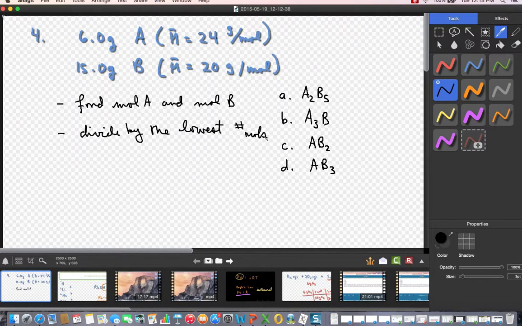This doesn't ensure that we'll be finished, but in most cases, we're going to be able to find the empirical formula fairly easily. So we have 6 grams of A, and the mass is 24 grams per mole.